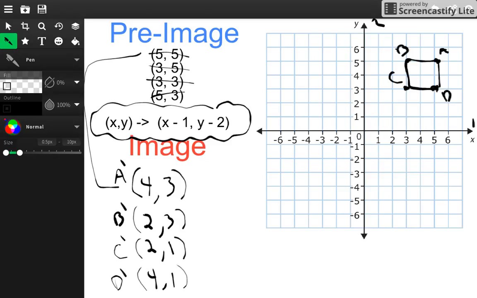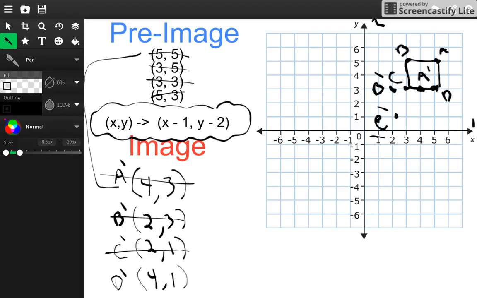All right, so let's plot these. 4, 3. So over 4, up 3. A prime. Okay. And then 2, 3, over 2 up 3. B prime. 2, 1, over 2 up 1. C prime.